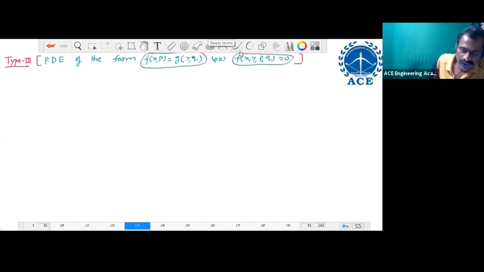Now observe this equation. If we compare this with the previous 2 types, this is the equation with x, y, p, q. So this equation is free from z. First one is only in terms of p and q. Second one is in terms of p, q and also z. It is in terms of x, p, q, y, free from z.